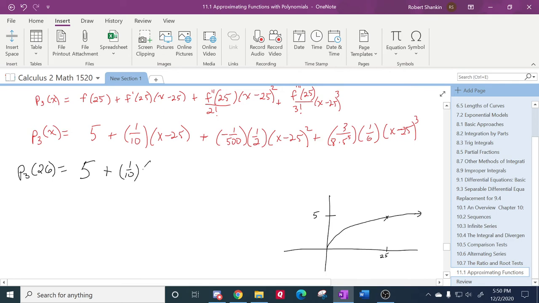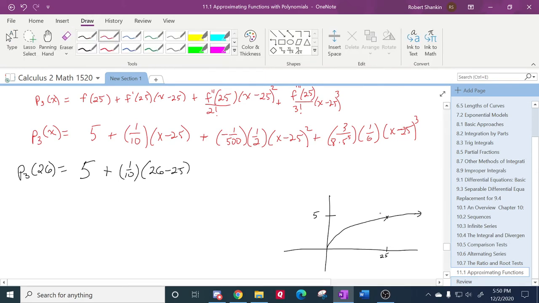And actually, when you substitute 26, we are going to go exactly to the right 1 unit. And so we should go up 1/10. But that's if we stayed on the tangent line. If we stayed on the tangent line, it is going to be a slight overestimate. So we need to correct for that.